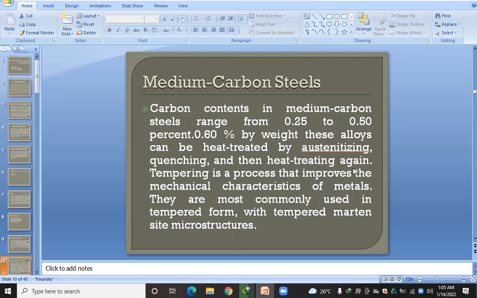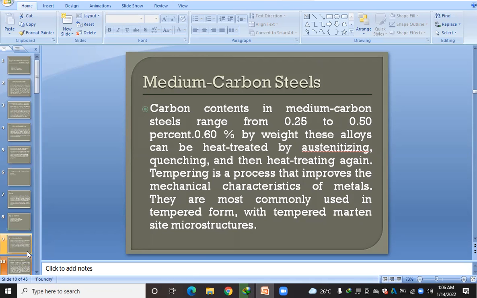And then heat treating again. Tempering is a process that improves the mechanical characteristics of metals. They are most commonly used in tempered form with tempered martensite structure.